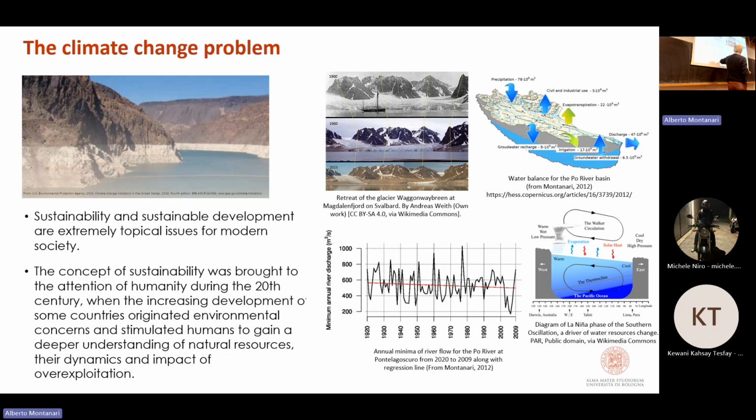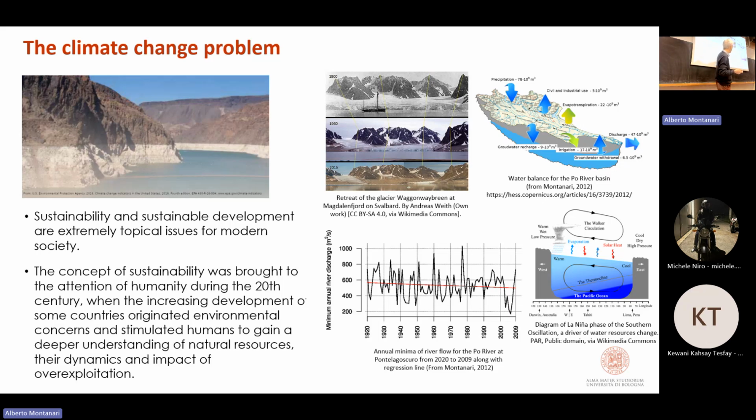Another example is given by the series of the annual minima for the Po River at Ponte Lagoscuro. Ponte Lagoscuro is the last measurement station on the Po River, where we measure the river flow. It is close to Ferrara. And you see that there is a slight decrease.